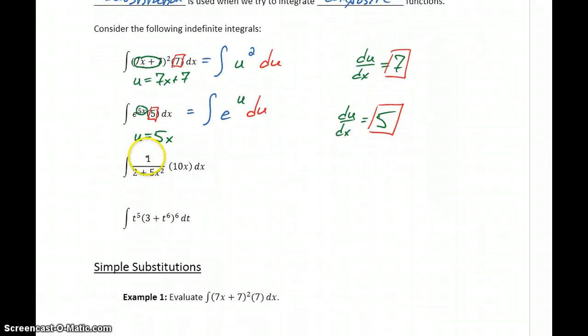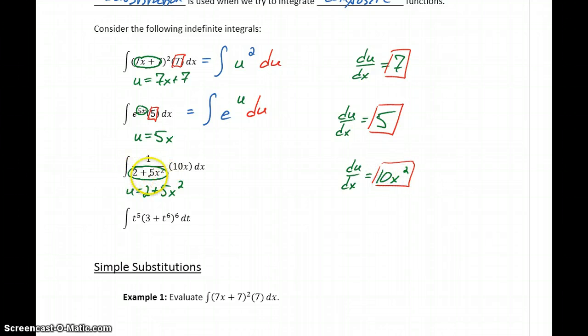In the third example, we've got 1 over something. So this is like 1 over x. If we let, in this case, u equal 2 plus 5x squared, that's our interior function, and then consider the derivative of that substitution statement, we would get 10x.